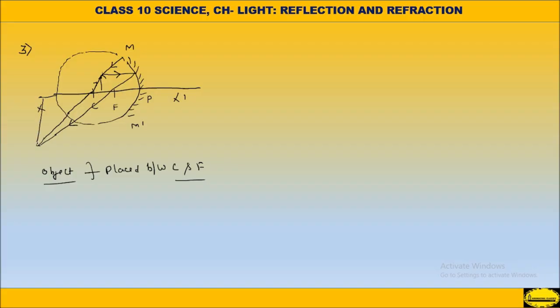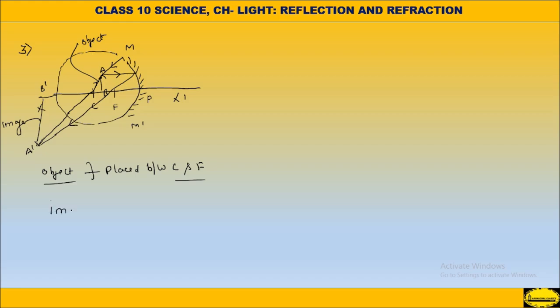So this will be A dash B dash, this will be A B, this represents the image, this represents the object. So we can see that the image formed is real and inverted.